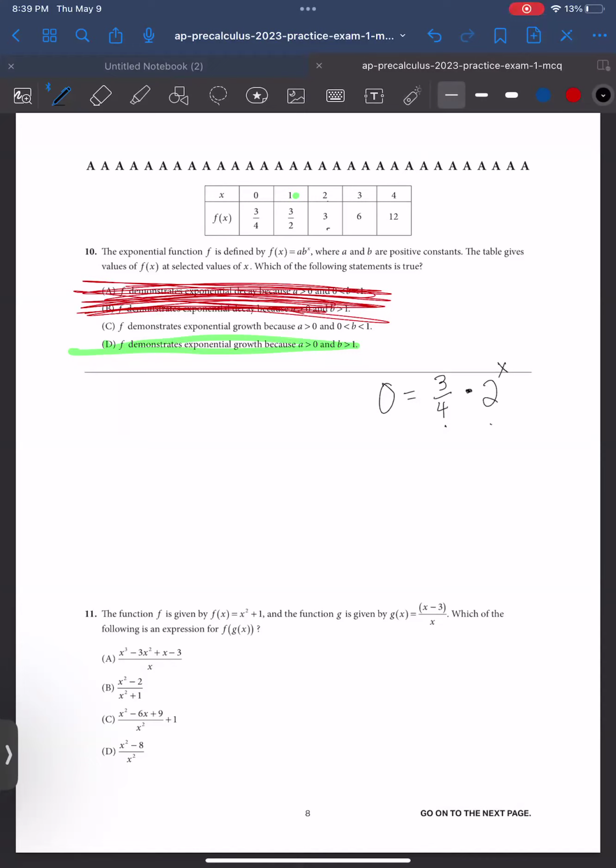Question number 11. The function f is given by f of x equals x squared plus 1, and the function g is given by g of x equals x minus 3 over x. Which of the following is an expression for f of g of x? So that means that I'm going to plug g into f. So that's going to be very ugly looking. Squared plus 1. All right. Figure it out.